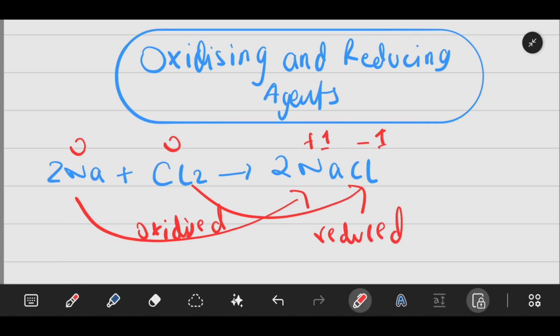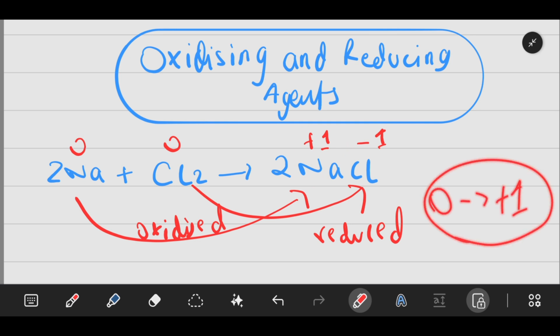Now I have a very simple question. Why is sodium oxidized? Like, how did sodium go from a 0 to a +1? What happened to the electrons of sodium that it became a positively charged ion? Now we know that sodium has undergone loss of electron. It is going from a 0 to a +1. So it is oxidized, and chlorine has gained 1 electron as it goes from a 0 to a -1.